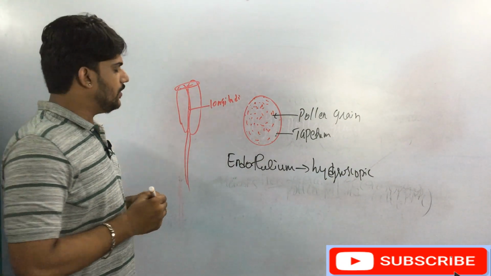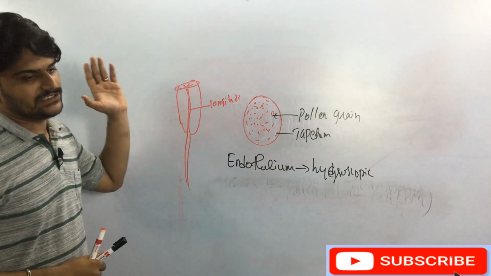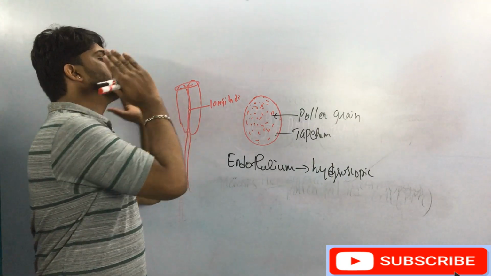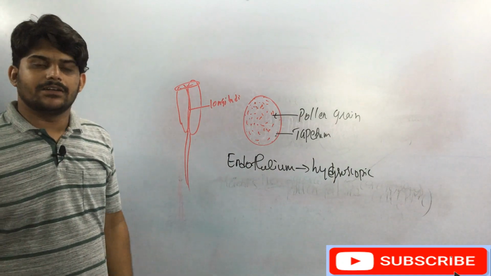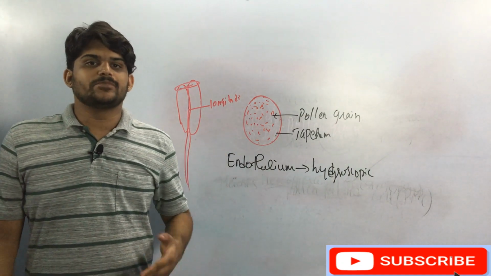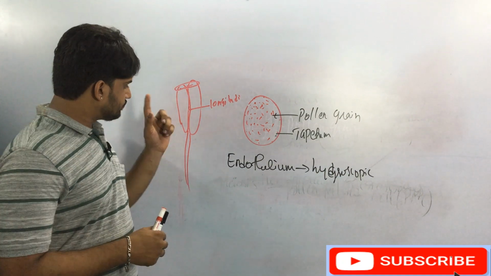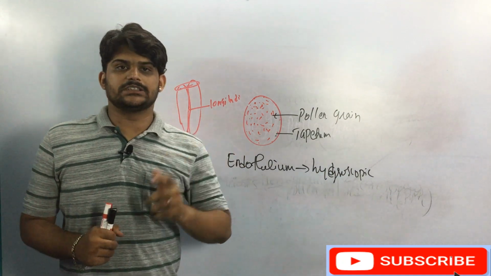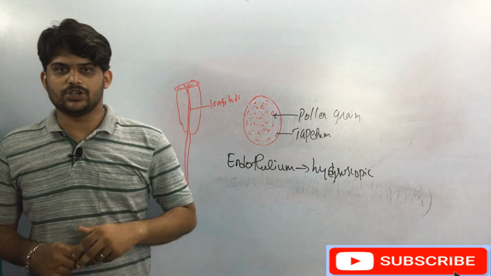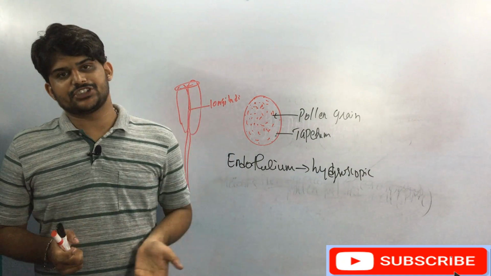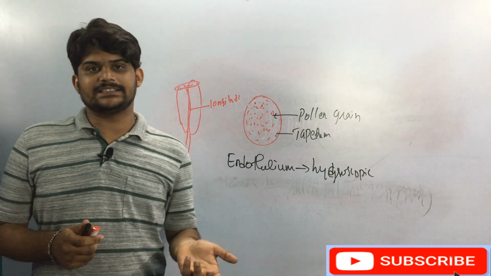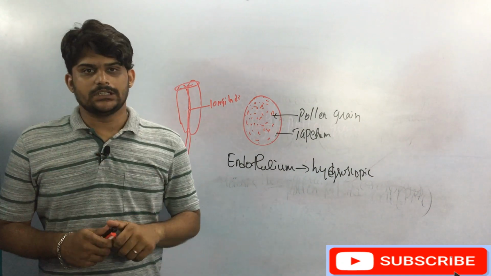The dithecous anther opens and the pollen grains go out into the air for the further process. This is what microsporogenesis is: the conversion of pollen mother cells to pollen grains.